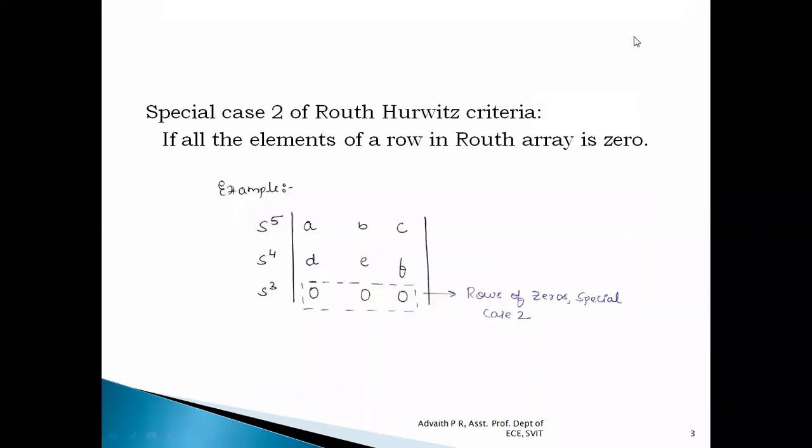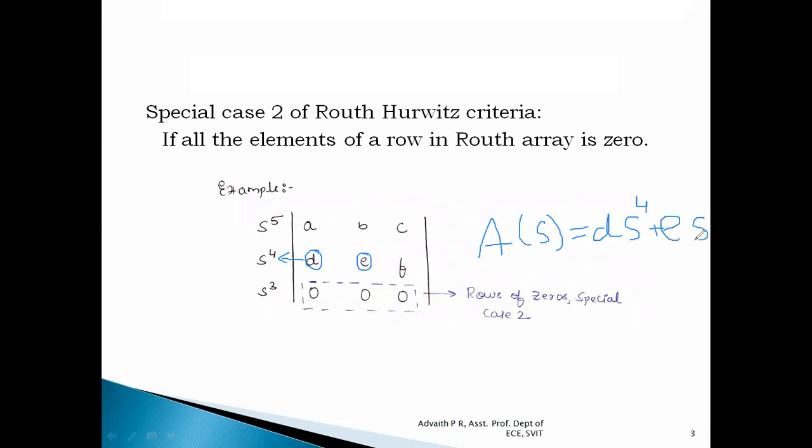So the auxiliary equation A of S equals D s to the power of 4, plus the next coefficient E times s to the power of 2, because after 4 we should not consider 3, we consider the alternate power 2, plus the next coefficient F times s to the power of 0, again decrementing by alternate power.